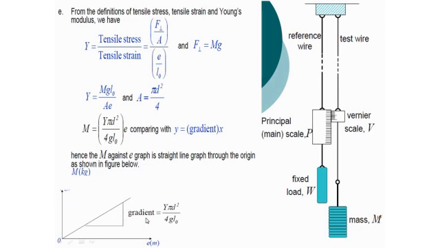The slope, the gradient, is nothing but Y pi d squared divided by 4g L naught. Clear?